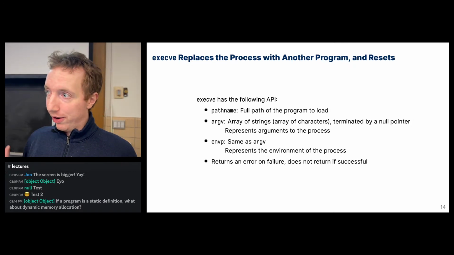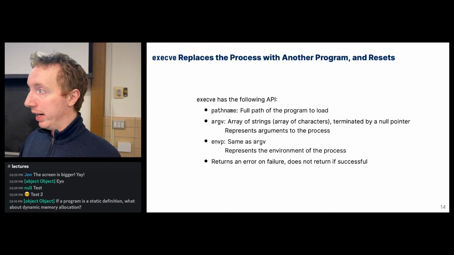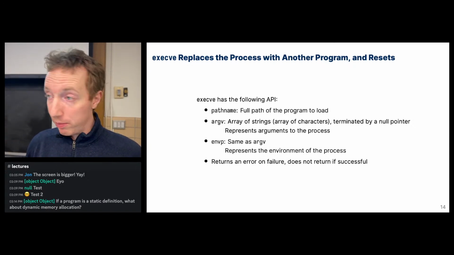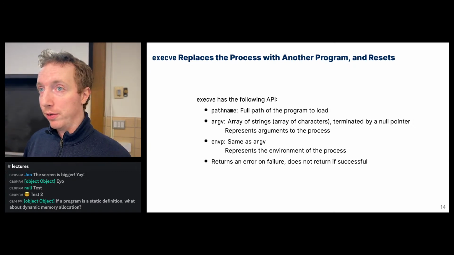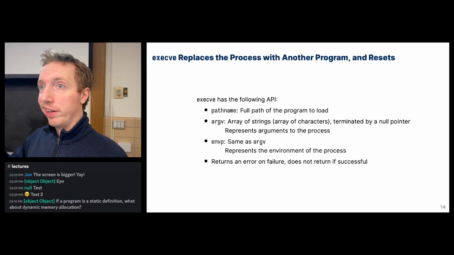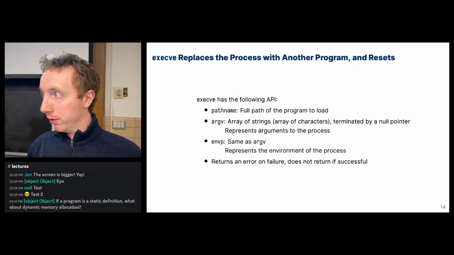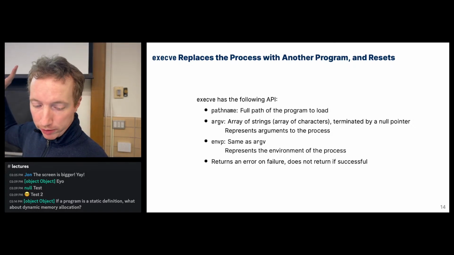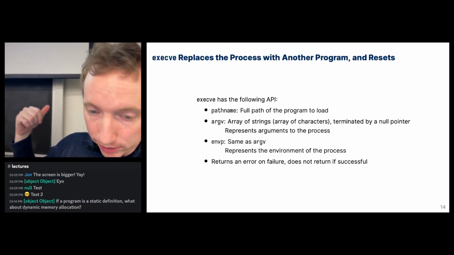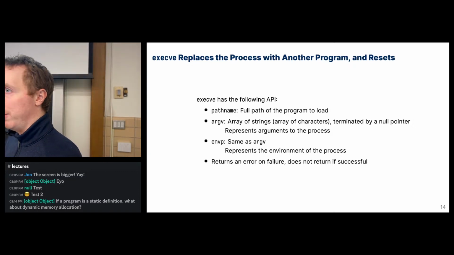Then there is argv, your whole command line argument. That's just an array of string pointers, terminated by a null pointer, and it represents all the arguments to the process. When you're in bash and you run a command, eventually it's going to call execve, and bash splits all of your different arguments into different pointers and calls that. Then there's an additional argument, the environment, which represents the environment of a process, like your path.